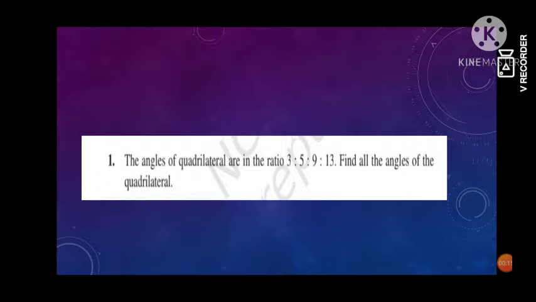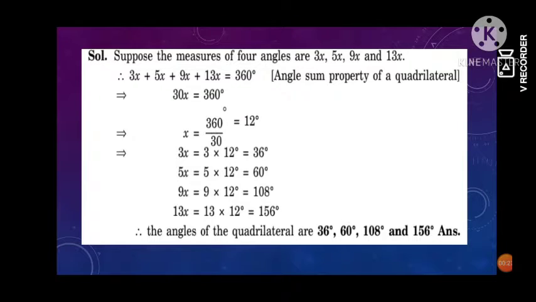The first question says the angles of a quadrilateral are in the ratio 3:5:9:13. Find all the angles of the quadrilateral.